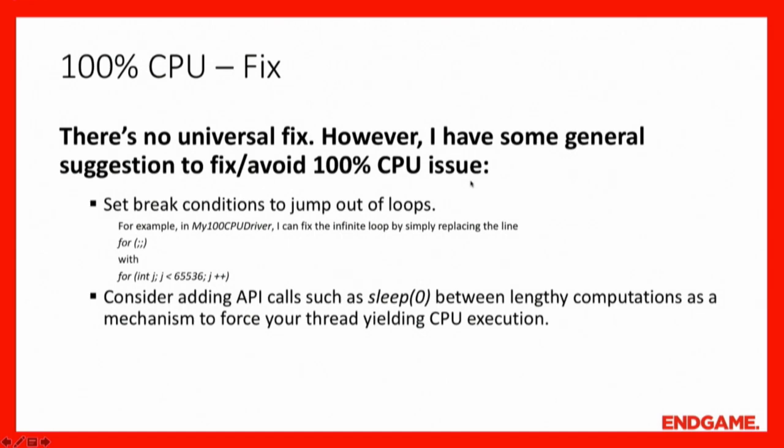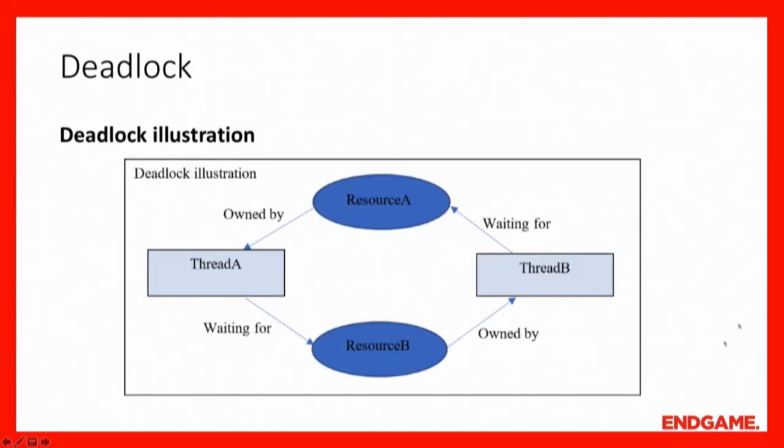To fix a 100% CPU problem, you need to know your code logic really well and choose the fix based on your needs. For example, you need to set a break condition to jump out of loops and consider yielding CPU by calling APIs such as Sleep(0). For time's sake, I'm going to go quickly to the next example.